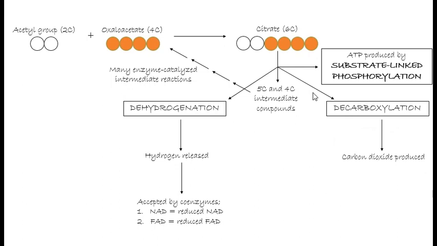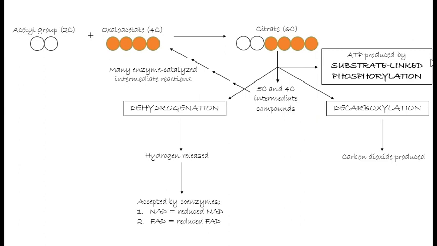Now, during the conversion of 6-carbon citrate to 5-carbon and 4-carbon intermediate compounds, along with dehydrogenation and decarboxylation, one other important process occurs, and that is the production of ATP or adenosine triphosphate.